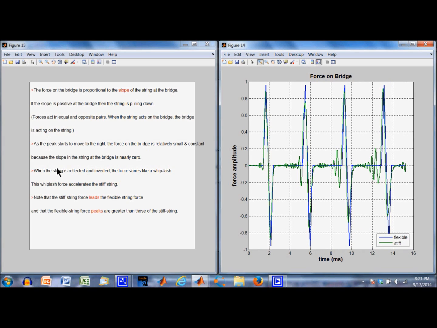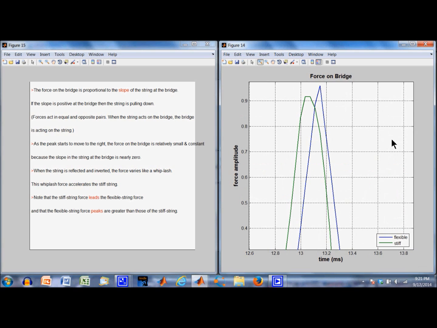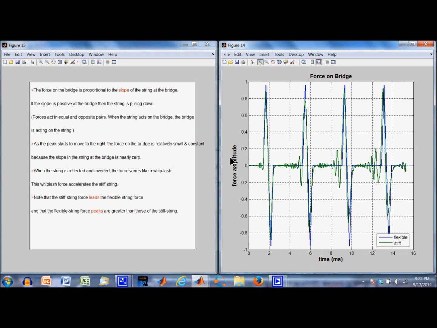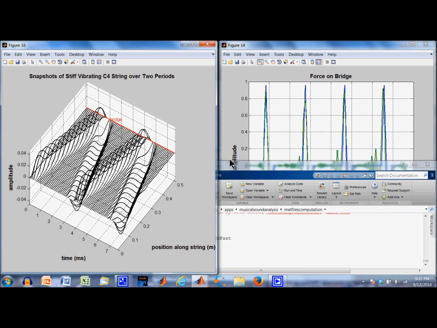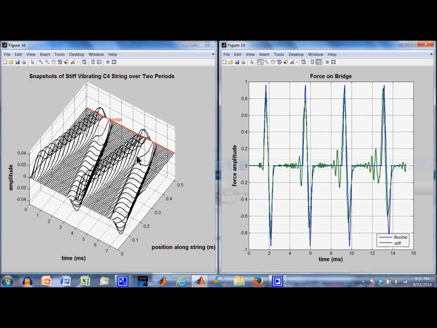This idea of elasticity is the tendency of the string to maintain its shape, or return its shape to initial conditions, after a deflection. The force for the stiff string leads that of the flexible string. And this is supported by the plot in the time and the position domain.